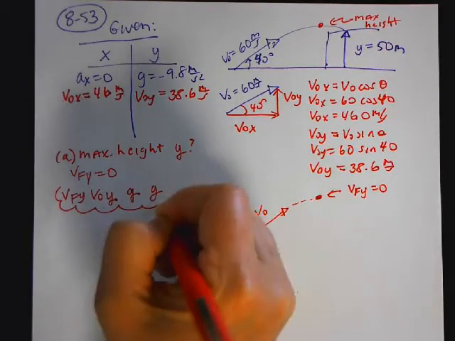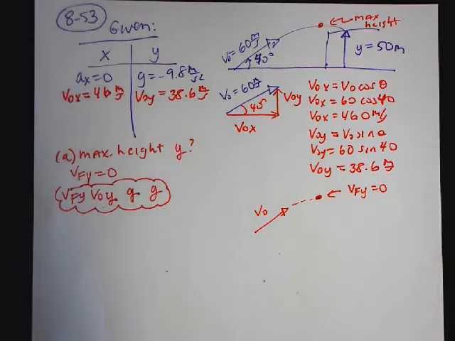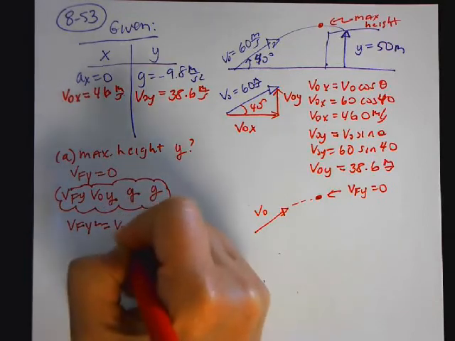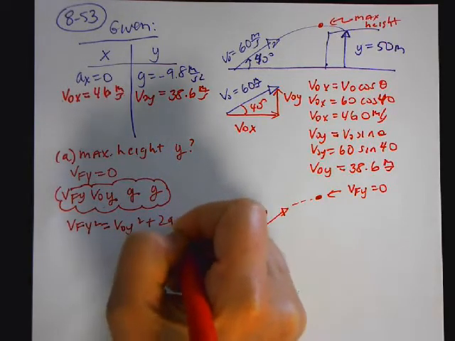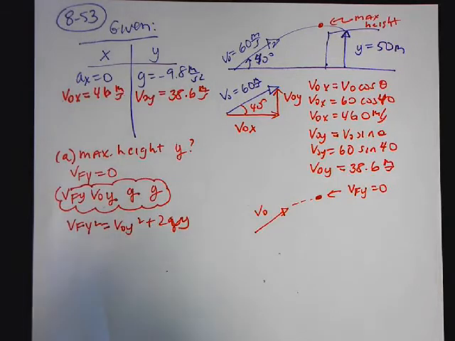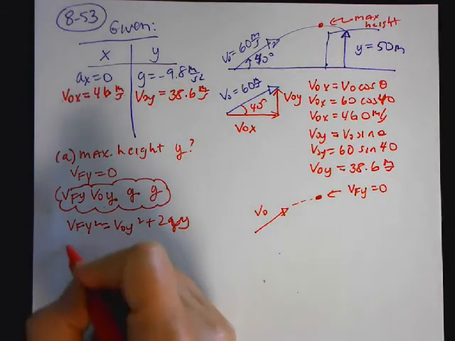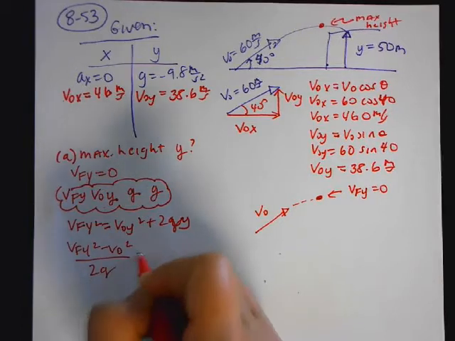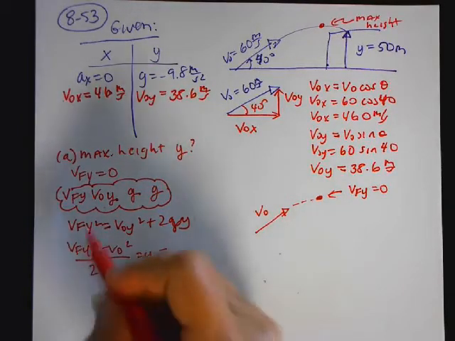So now I'm going to say to myself, which equation has those 4 variables? I'm going to use the equation Vfy squared is equal to v naught y squared plus 2gy. So now I can rearrange the equation and say Vfy squared minus v naught y squared over 2g is equal to y. So that's going to be Vfy is 0.